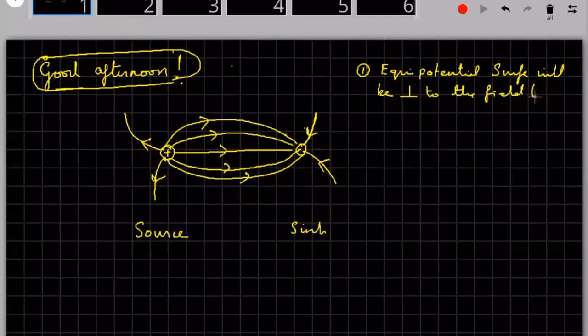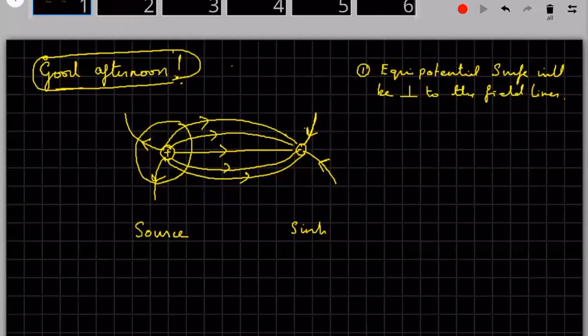So all you had to do was draw perpendicular surfaces here. Now when you draw them like this, you will see some of the equipotential surfaces, so this is how the equipotential surfaces will look.